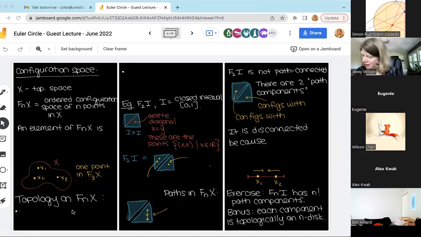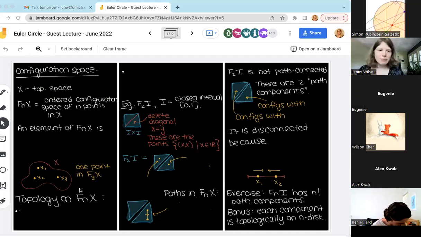Okay. So here's the setup. I start with a topological space X, which might be a line or the plane or a torus, or choose your favorite topological space. And by definition, the ordered configuration space of n points in X, which I'm denoting F_n(X), is the space built as follows.